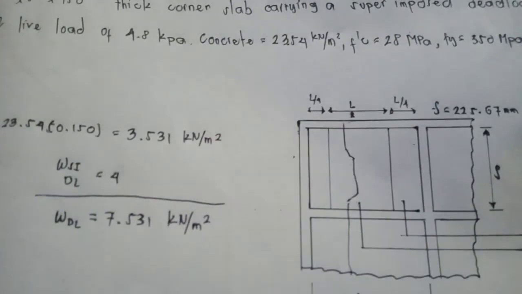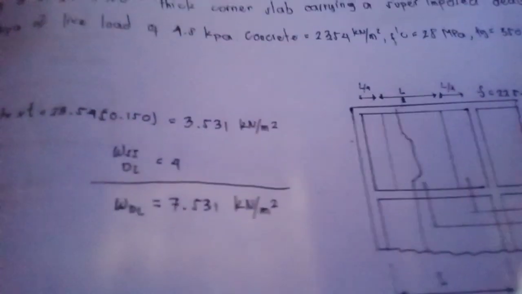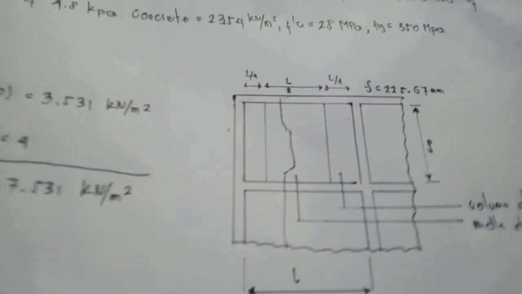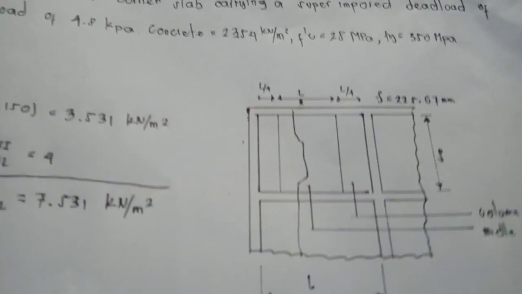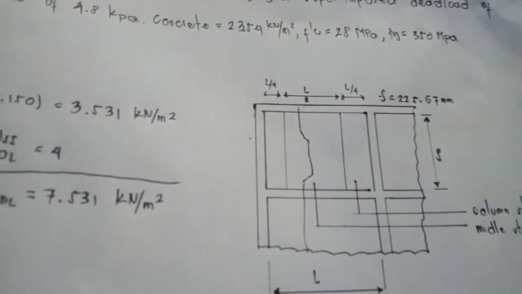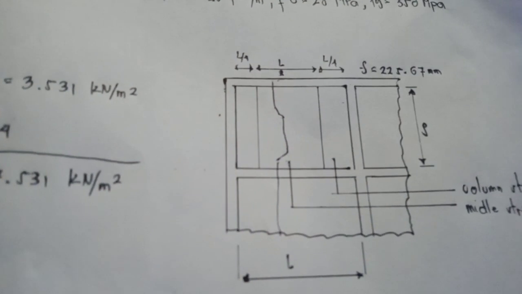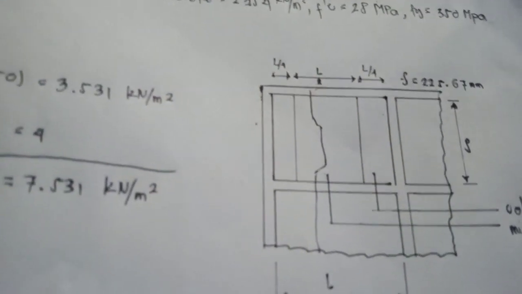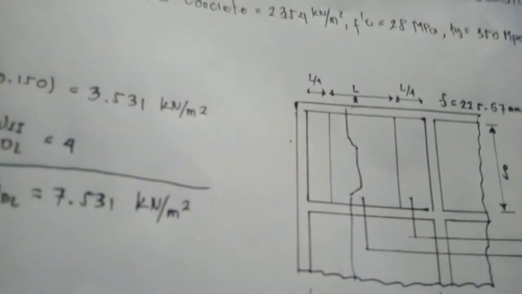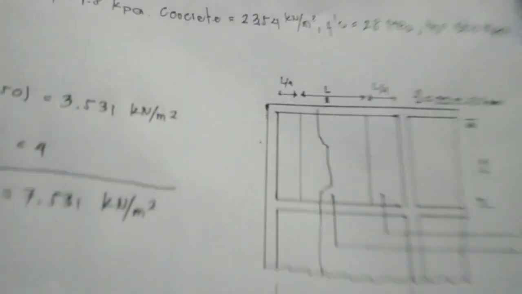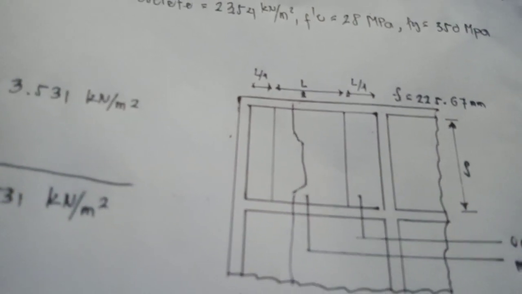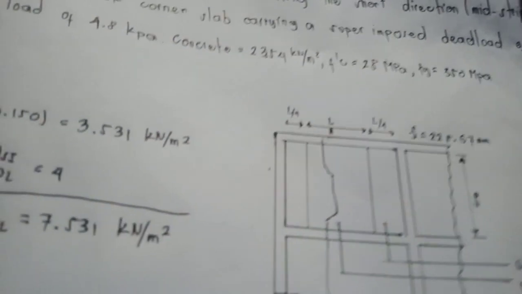So adopting the common spacing, the positive spacing will be rounded down to the smaller, which is 225. So no need to round down to the nearest 25 because 225 is already rounded to the nearest 25 millimeter.